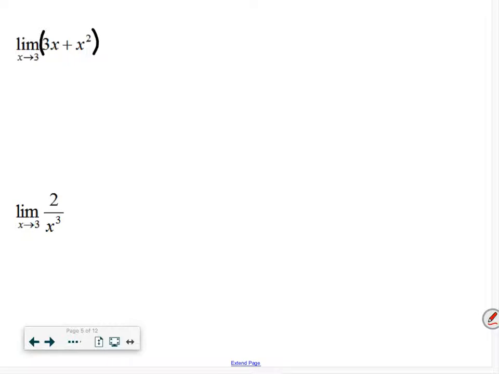We have a polynomial. Anytime you see a polynomial, you should do a little happy dance inside. Okay? All we have to do is substitute. 3x plus x squared. Our limit is 18.